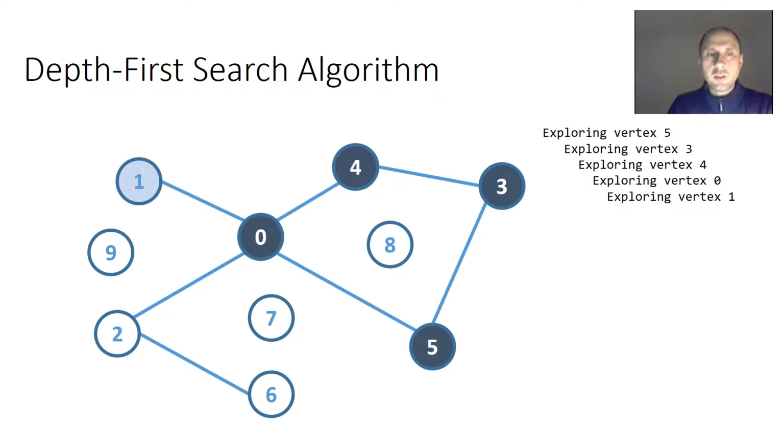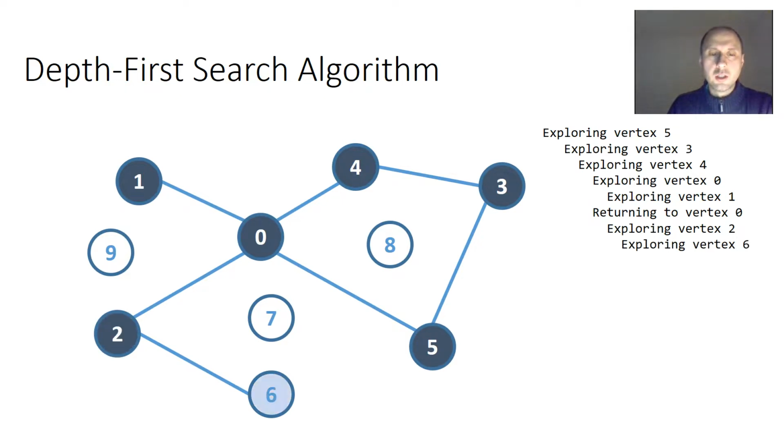By visiting vertex 1, we can see that it has no other possible neighbors to continue the depth-first search. So it will backtrack to vertex 0, and from there it will continue and select vertex number 2. It will explore it and conclude that there is another unvisited vertex, and this is vertex number 6.